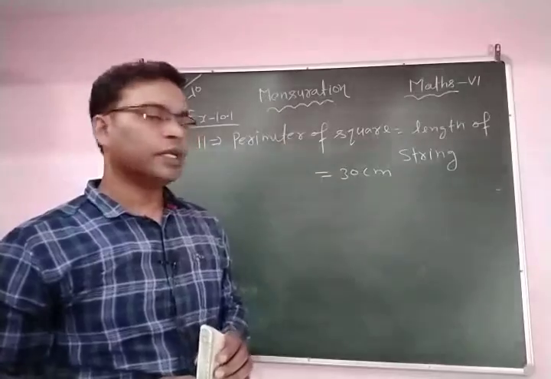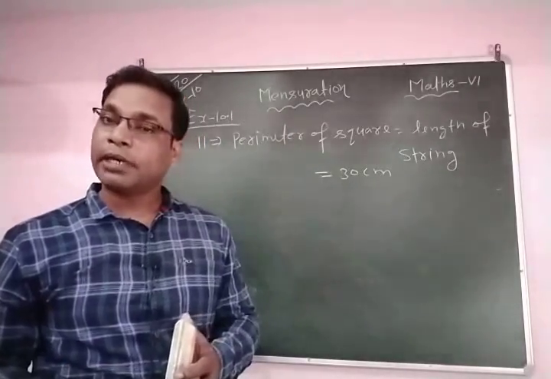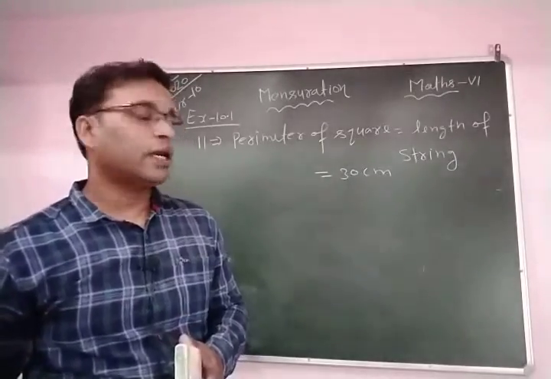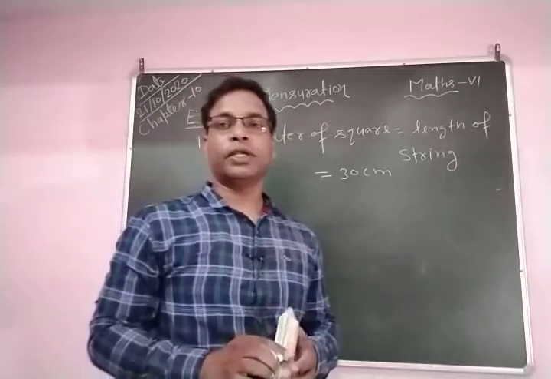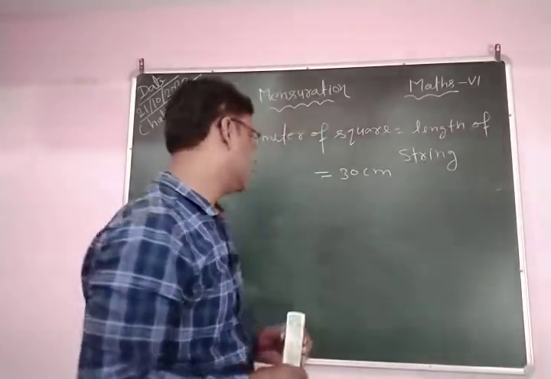This is given, and this is equal to perimeter of square, because the string is used to form this square. Here we need to find the length of side of square.